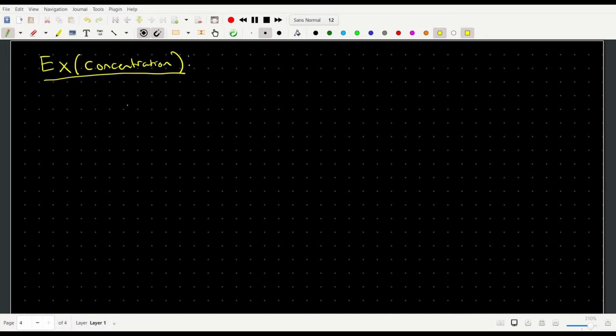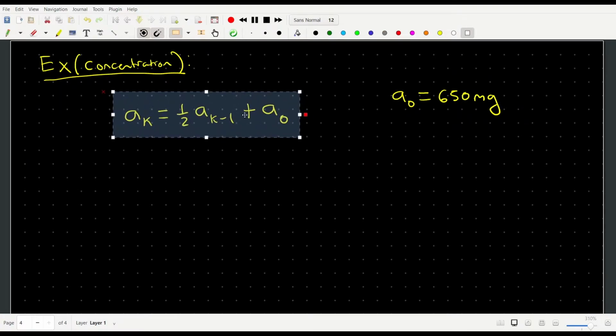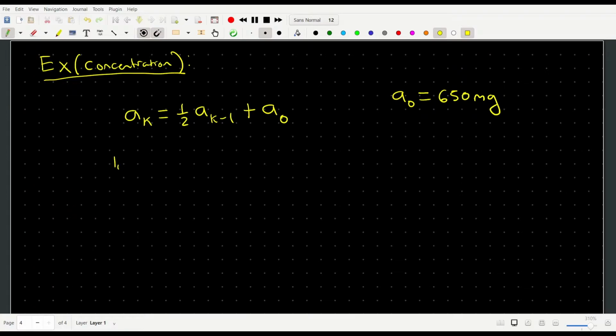The recursive sequence that we found was a_k is equal to 1/2 a_{k-1} plus a_0, where our a_0 was 650 milligrams. And what we're interested in is solving for the limit of a_k as k goes to infinity.